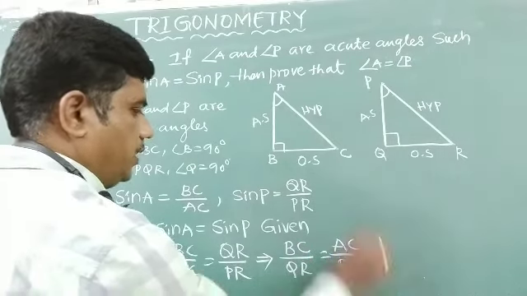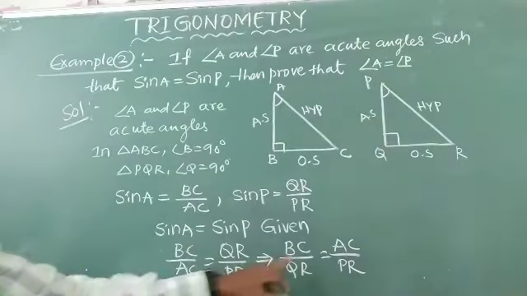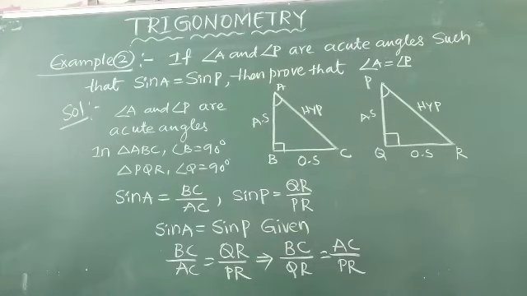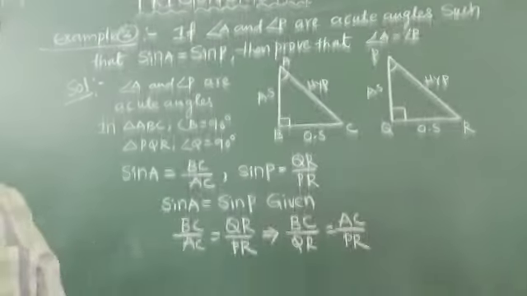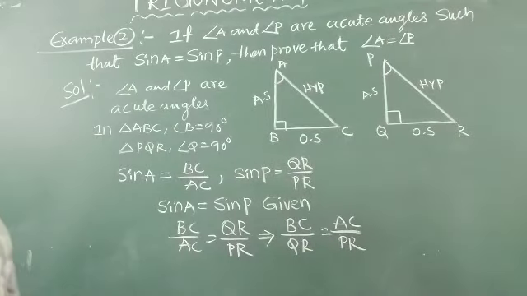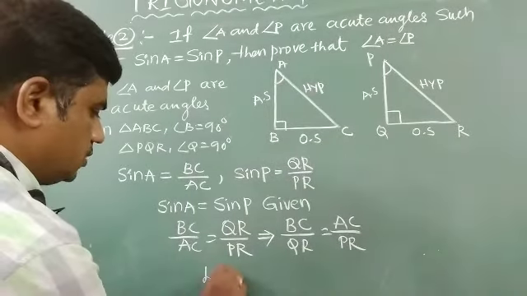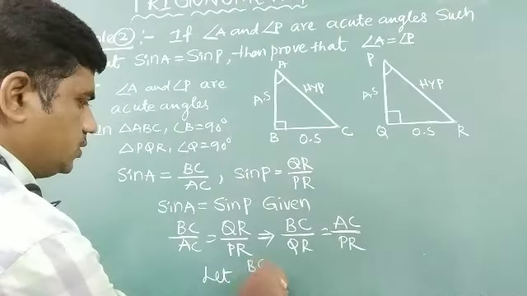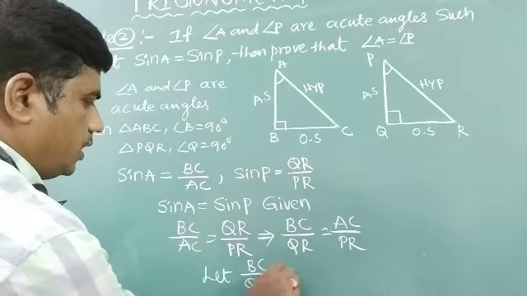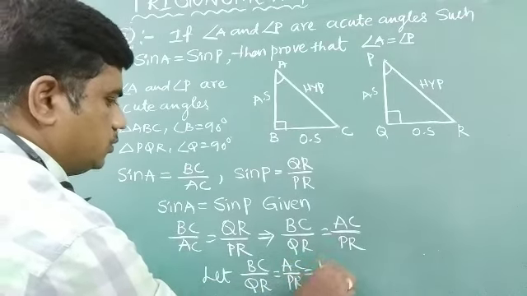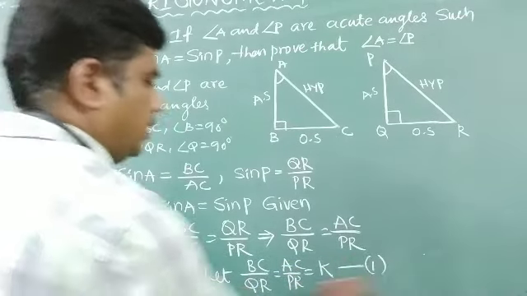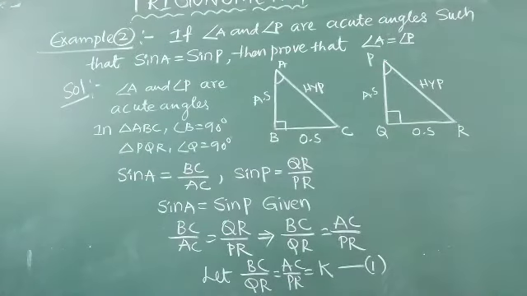Now say these two ratios are equal to some K. Let the BC by QR ratio and the AC by PR ratio both equal K. Make it equation 1.